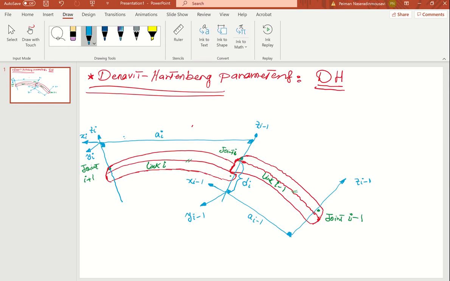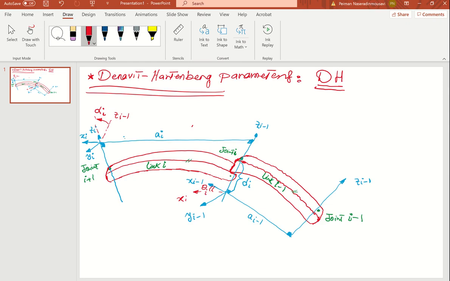And so if I transfer this Zi minus 1 here by a dashed line parallel to that, that's right, this angle between them I'm showing as alpha i. Okay, alpha i. So now if I transfer this Xi here, parallel to that, this angle between them gonna be theta i.